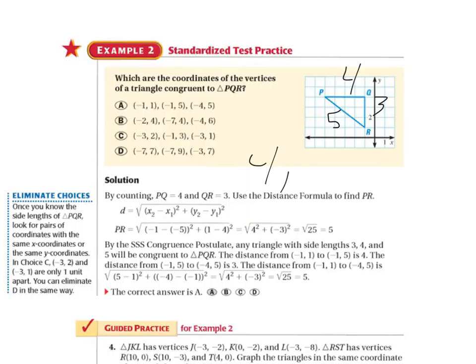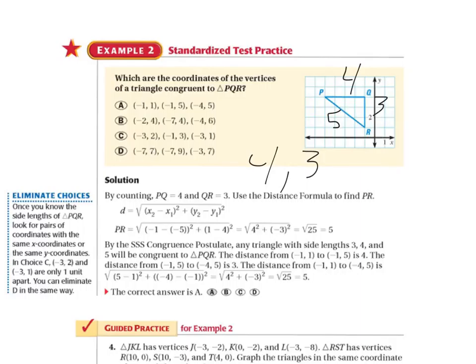And then we have our 5 here, both in our y values. So we could just look at the -1 and the -4. So that distance there is going to be 3. So this one's looking pretty good right now.